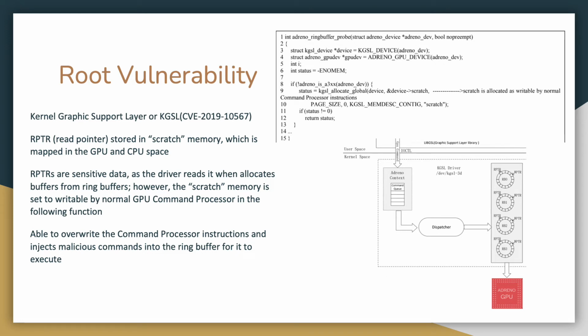Most Android phones use the Adreno GPU system, so in the Adreno ring buffer probe function, on line 9, it was set to writable. What happened is that you can overwrite the command processor instructions and inject malicious commands into the ring buffer for it to execute, which is not a good thing.